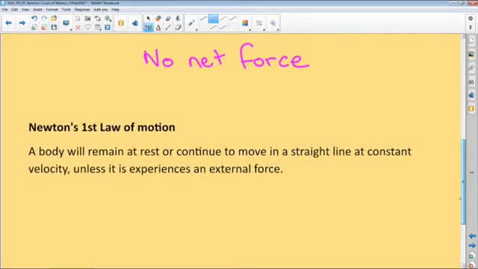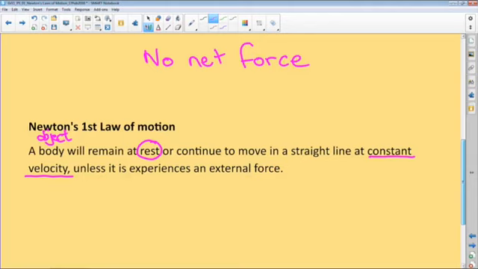Newton's first law of motion says a body, or you can say an object, if you don't like the word body, an object will remain at rest, so remember it's not moving, or continue to move in a straight line at constant velocity unless it experiences an external force. So when there is rest, not moving, constant velocity, it's going at the same speed the whole time, and there is no net force, you're going to be experiencing Newton's first law of motion.